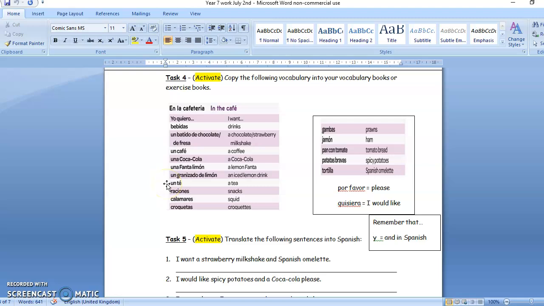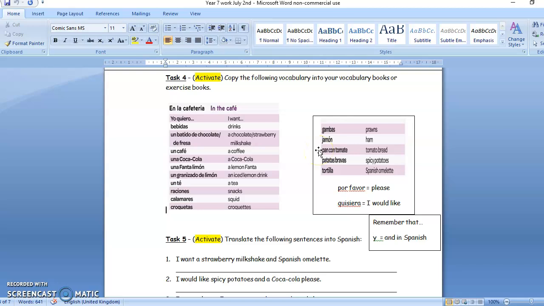Un té. Raciones. Calamares. Croquetas. Okay, so this side here, gambas. Jamón.